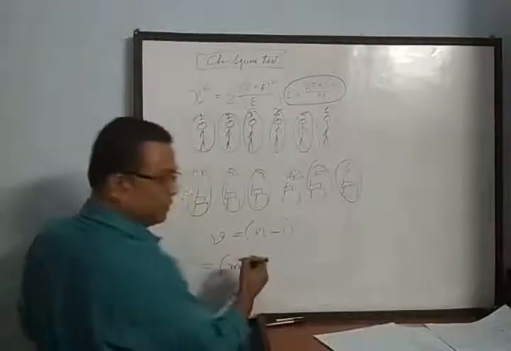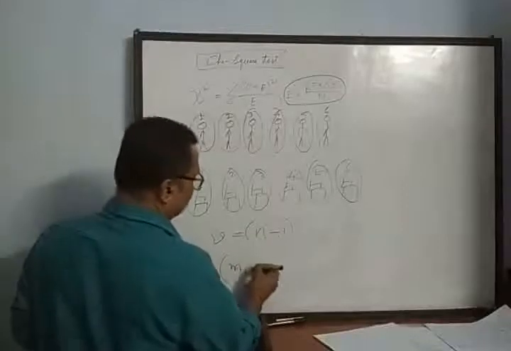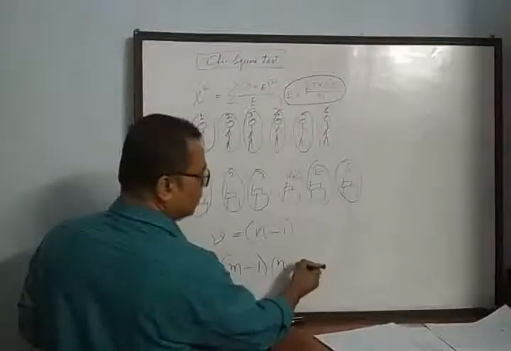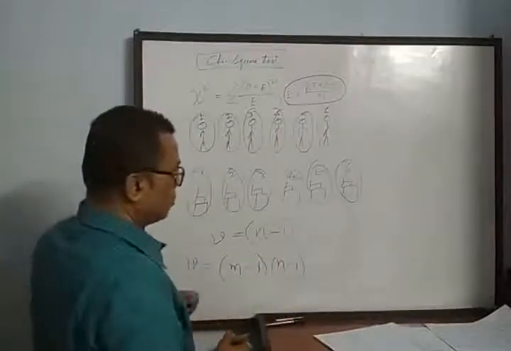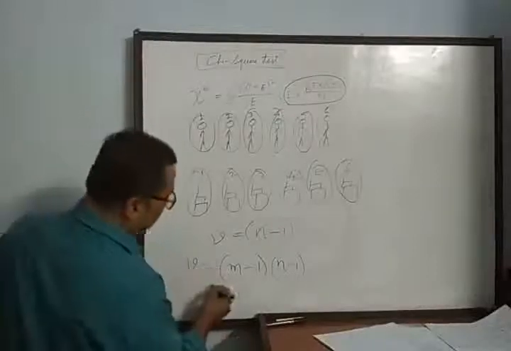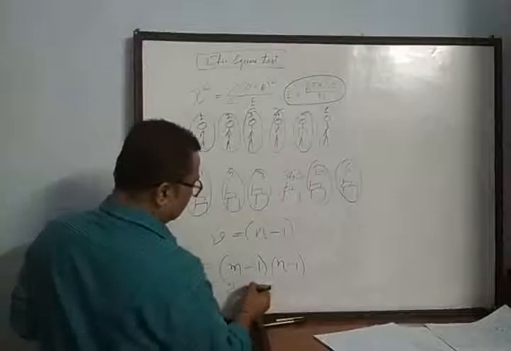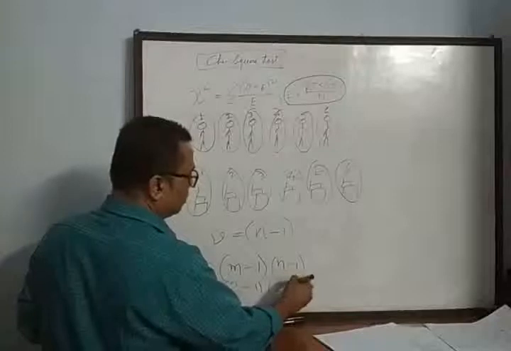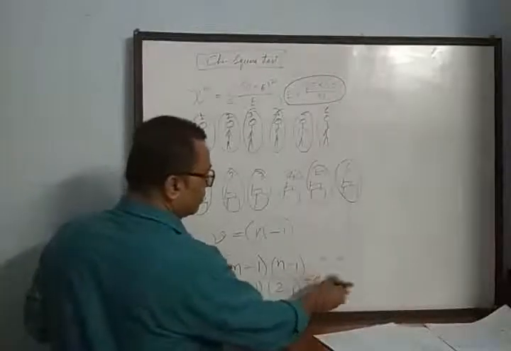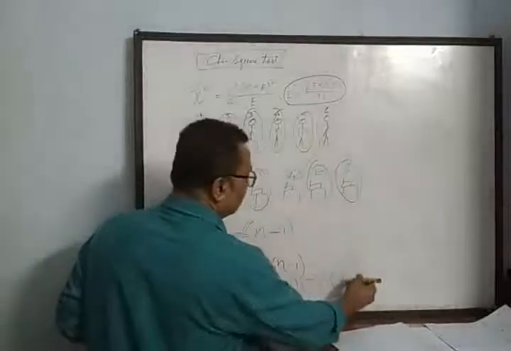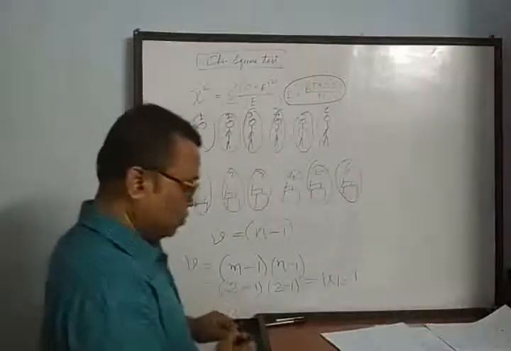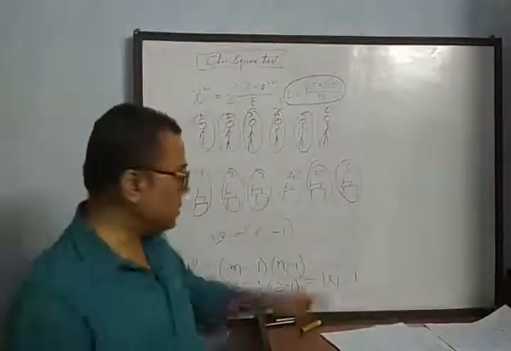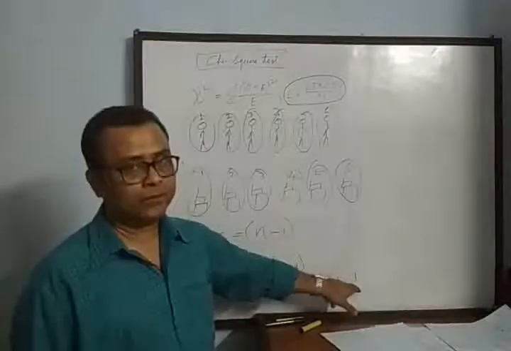It means column 1 degrees of freedom will be m-1 and column 2 is n-1. So m having 2 minus 1 and n having 2 minus 1. It means 1 into 1, the degrees of freedom for the grid we have discussed is 1. Okay.